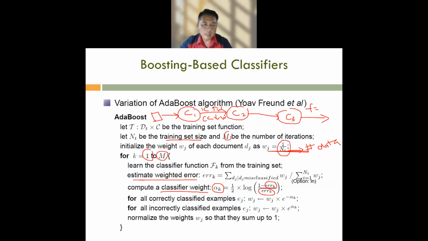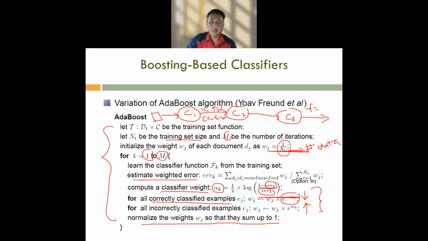For all the correctly classified examples, we reduce the weightage by multiplying with the exponent of that value, and for the incorrectly classified examples, we increase the weightage. After we update the weightage, we normalize the weights so that they sum up to 1. We will go over these steps by visualizing the data.